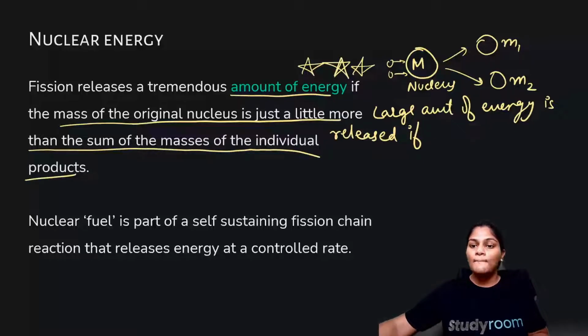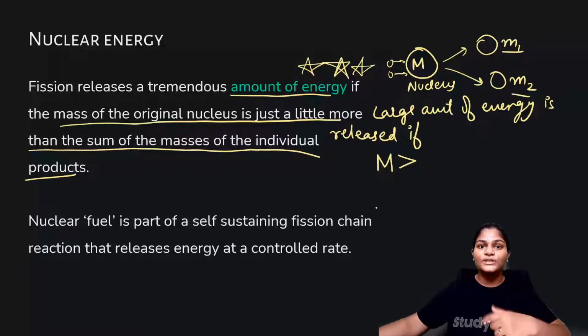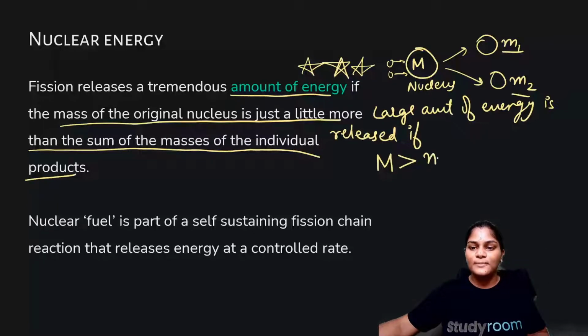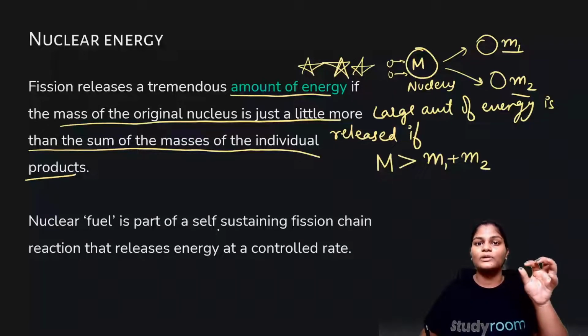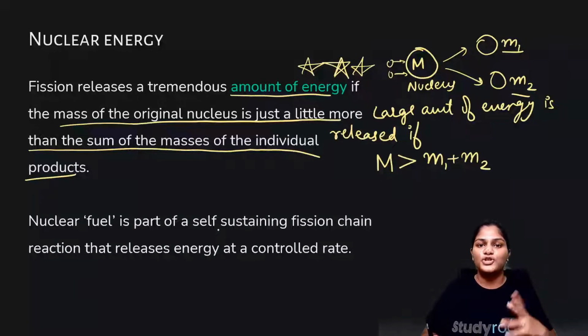What does that mean? Mass of the original nucleus is M. If this M is greater than the sum of the masses of the individual products, that means m1 plus m2, so if this M is greater than m1 plus m2 even by a little amount, then a huge amount of energy is released.